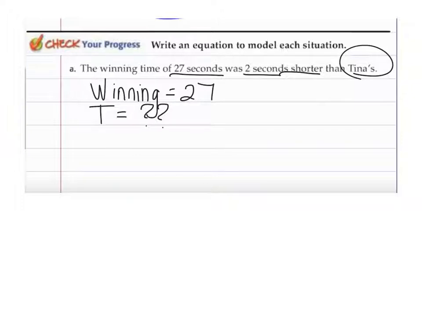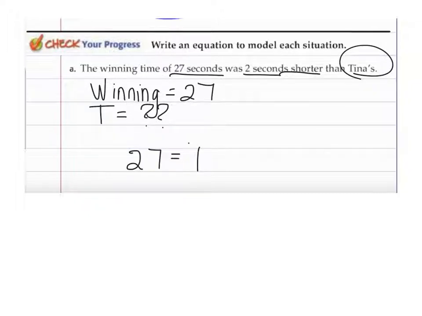So let's show that in an equation. I know the winning time was 27. I don't know Tina's, but Tina's time was 2 seconds more than the winning time, or the winning time was 2 seconds shorter than Tina's.